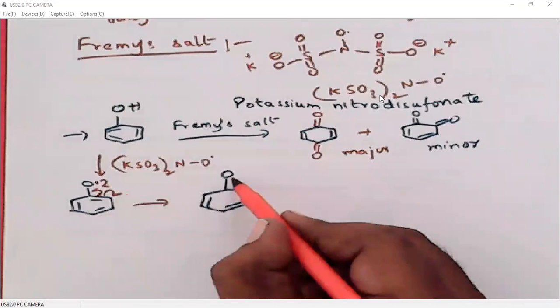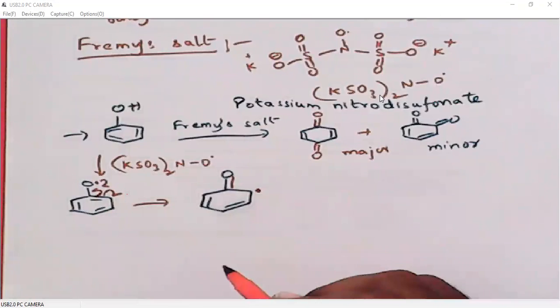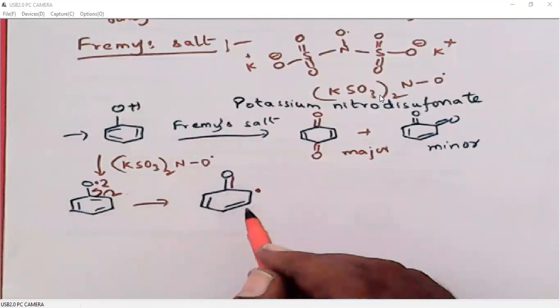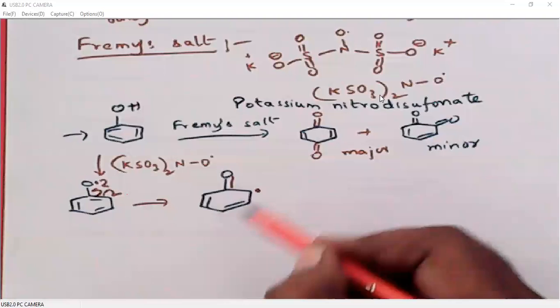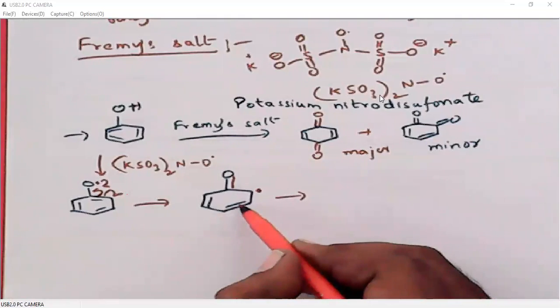Now we have a double bond here and a radical here. When we look at the dipole moment, this structure will have more dipole moment because both are in the same direction. When we say more dipole moment, it is less stable.